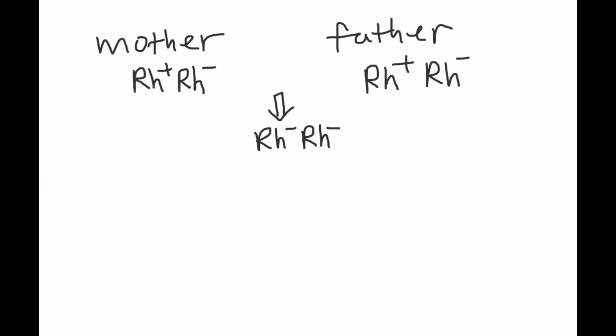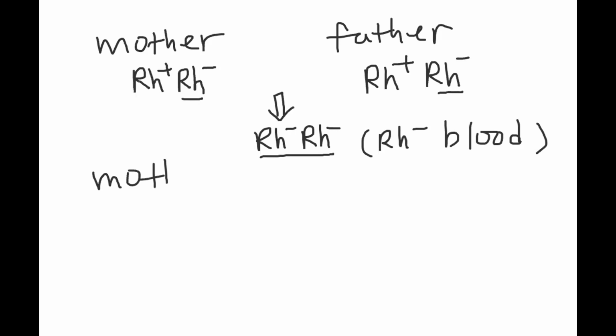Yes, because if the egg with this genotype and the sperm with this genotype combine together to make a zygote, you're going to have the genotype like this. That's two recessive genes together. So this is Rh negative blood. You got it?